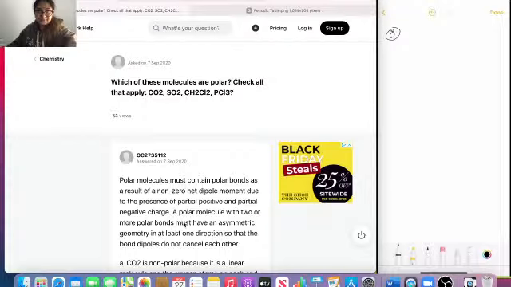Number 8, okay. Which of these molecules are polar? Check all that apply. Okay, so basically polar molecules must contain polar bonds.